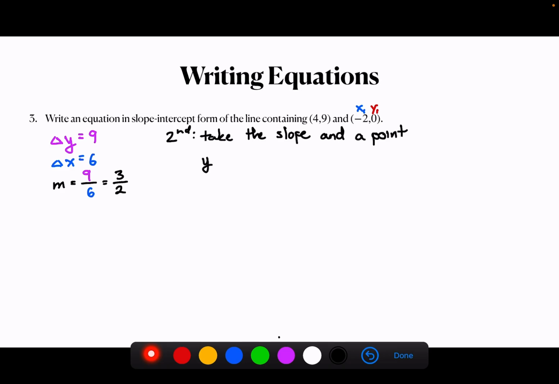And so I'm going to say y minus 0 is equal to our m, 3 over 2, multiplied by x minus the negative 2.